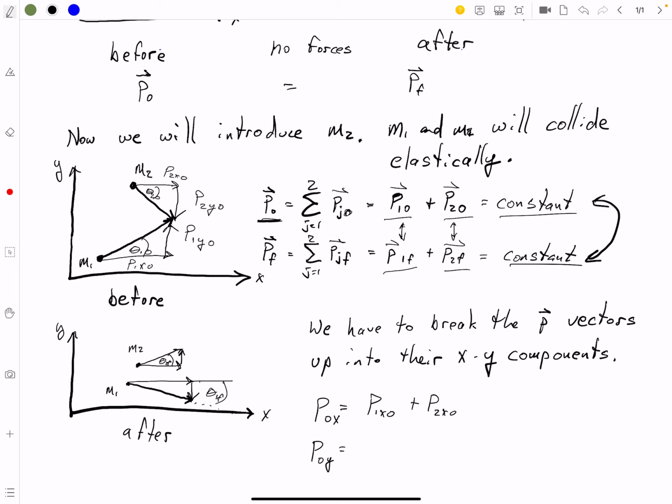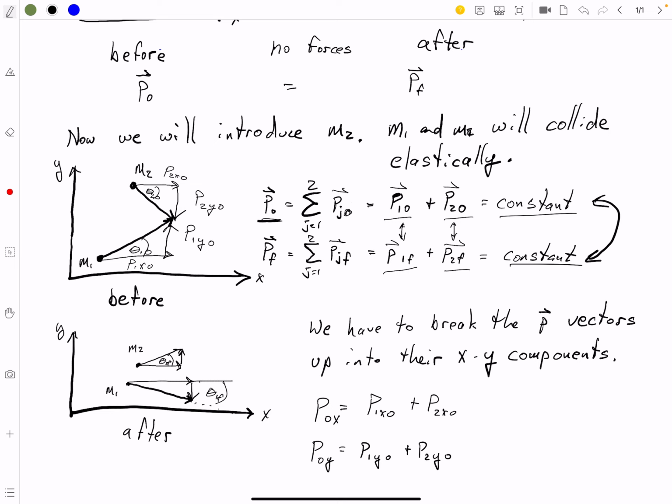So I can come over here and say P1Y initial plus P2Y initial. We know they're all going in the j hat or i hat direction, so I'm not going to put vectors on there.